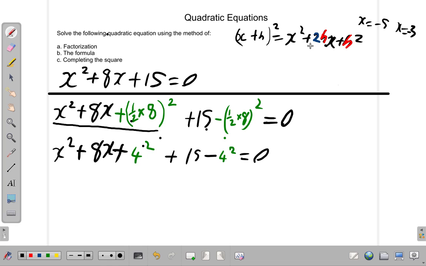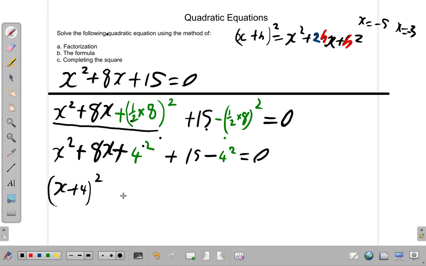When you had x squared plus a number x plus half of that number squared, it can be written as x plus that number all squared. You can apply the same principle to this. Now, one of the reasons why I did not square out the 4 is to clearly see what number is squared. So don't bother to square it out and write 16 as yet. So what I'll do is rewrite this as x plus 4 all squared. You see that?